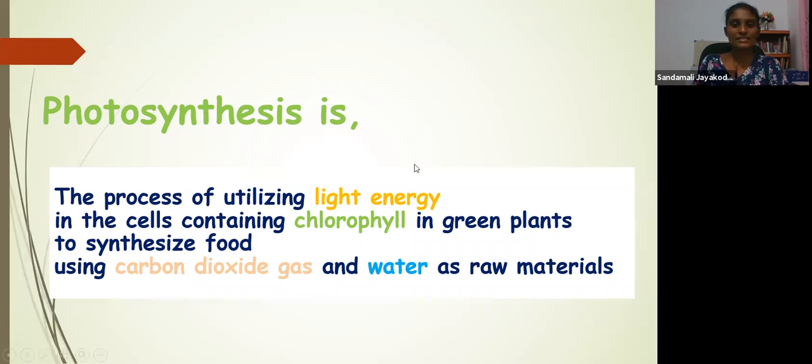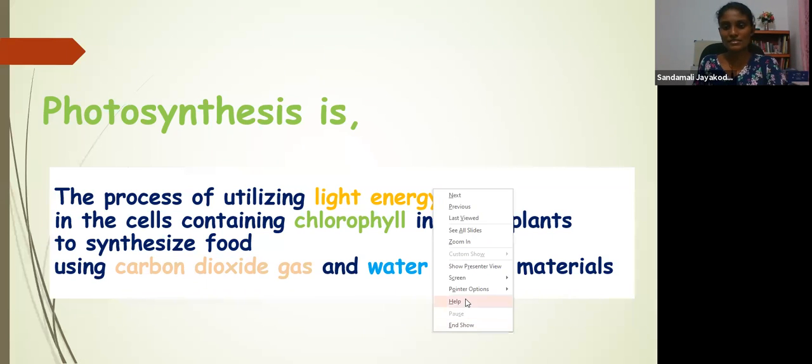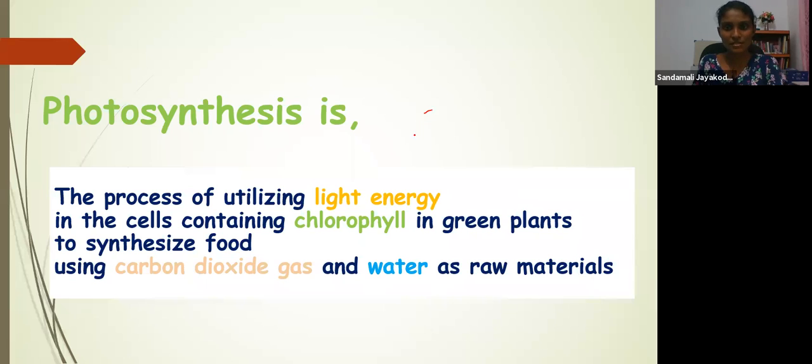So that particular cellular organelle which is carrying out this process of photosynthesis is chloroplast. We have to remember that too. It is not mentioned here. Chloroplast. That is the cellular organelle.